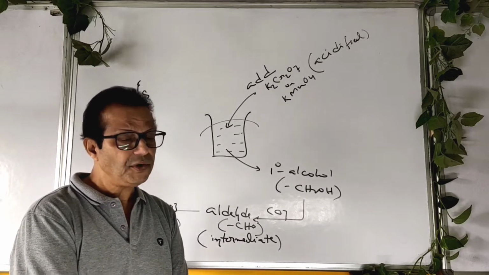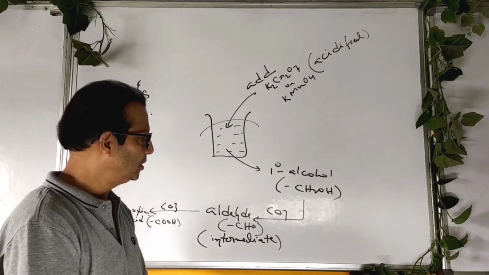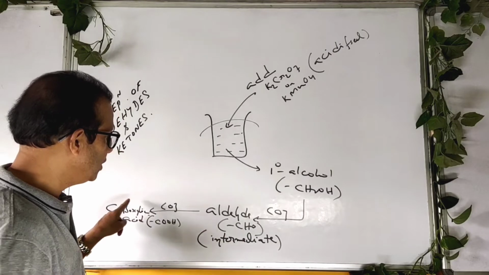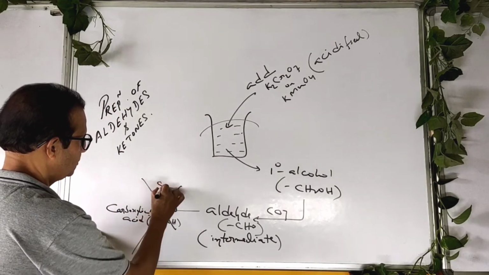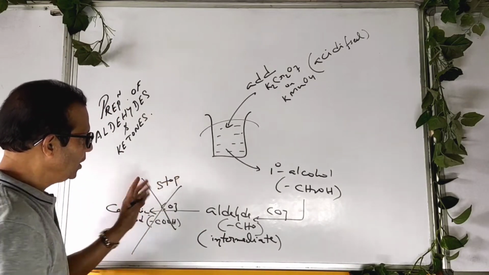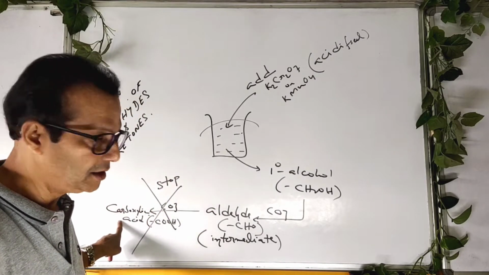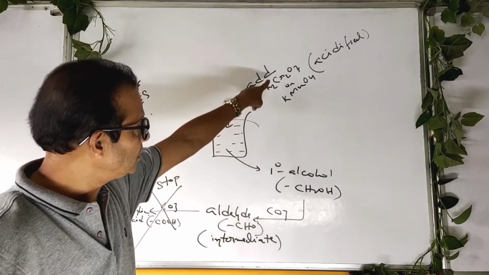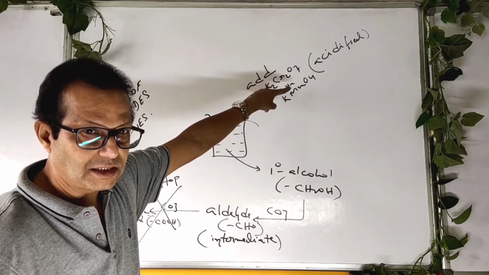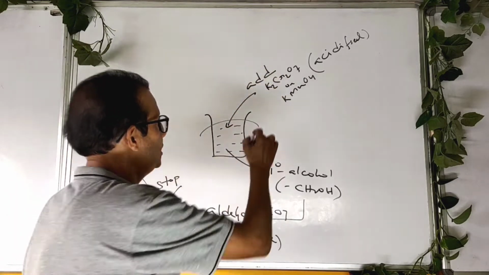So if we want to stop the further oxidation of aldehyde to acid, we can't use this type of strong oxidizing agent.